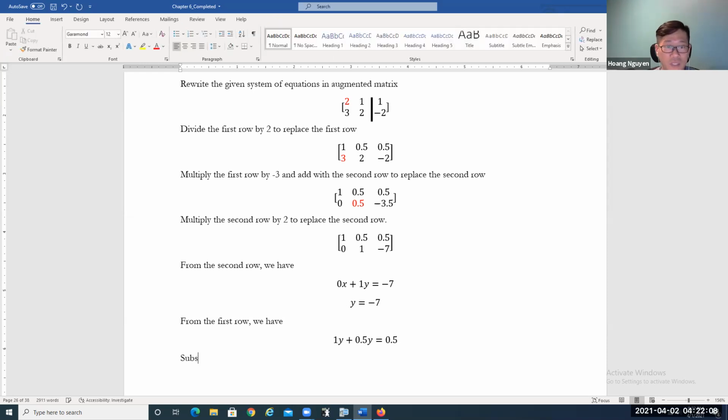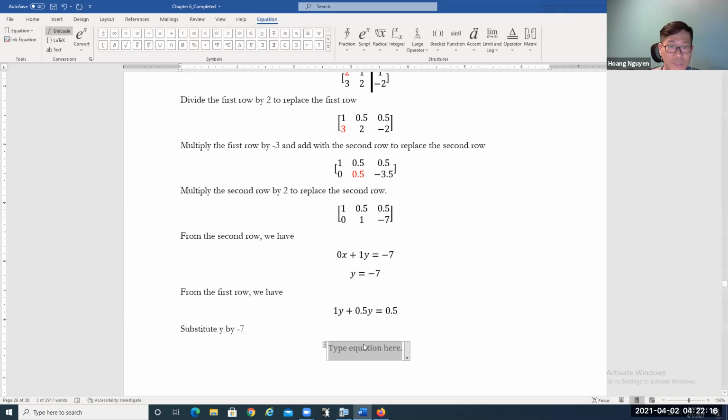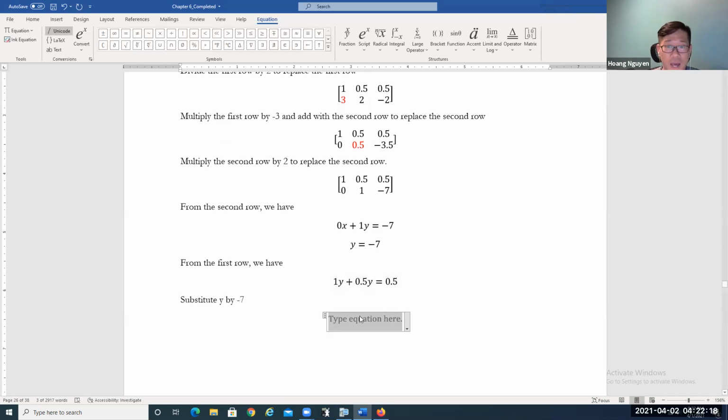Now we're going to substitute y by -7. Oh, this is x. Don't make any typos along the way, everyone. So we have 1x, which is x, plus 0.5 times -7 equal to 0.5.